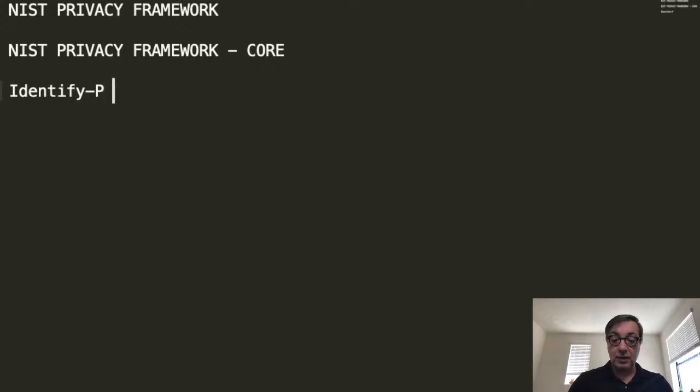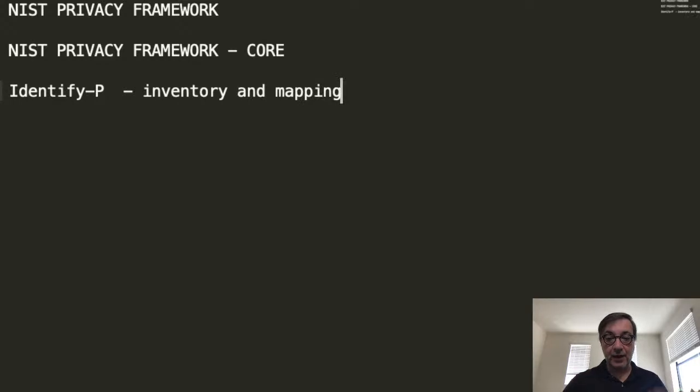Okay. The first category that you're going to see here is inventory and mapping. This category is different from the Cybersecurity Framework because inventory and data mapping is so critical to privacy risk management processes, as well as to meeting any legal obligations in the privacy space.